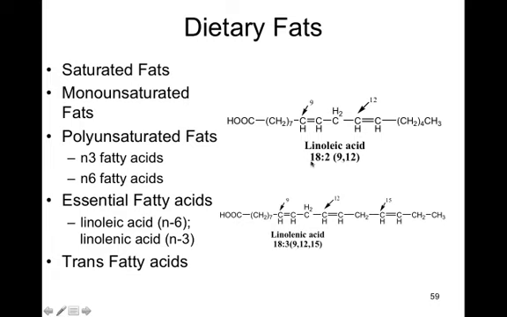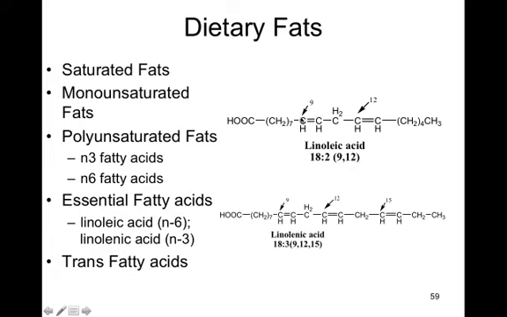So linoleic acid is numbered as 18:2 with 9 and 12 in parentheses. The 18 here is the number of carbons in this fatty acid: 1 plus 7, 8, 9, 10, 11, 12, 13, 17, 18. 2 is the number of double bonds in this fatty acid, 1 and 2, making it polyunsaturated. 9 and 12 are the carbons carrying the double bonds.